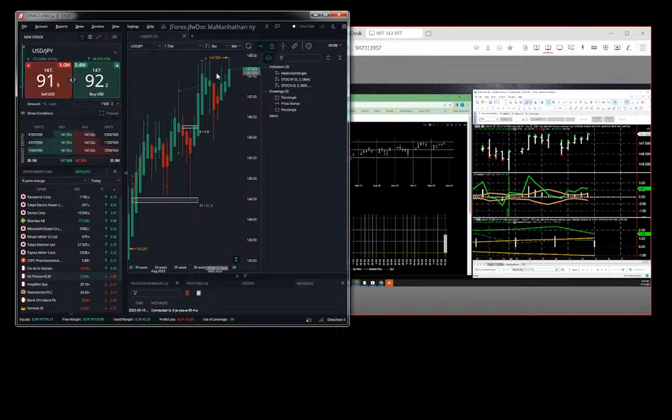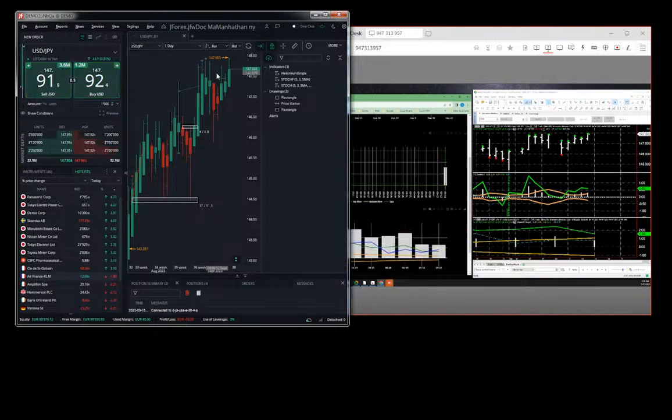Let's just amplify this over here on the new platform and see what that says. Yep, same thing, 147.95. So it's doing that, and then there's a button over here that does the reset, auto scaling again. There it is right there.